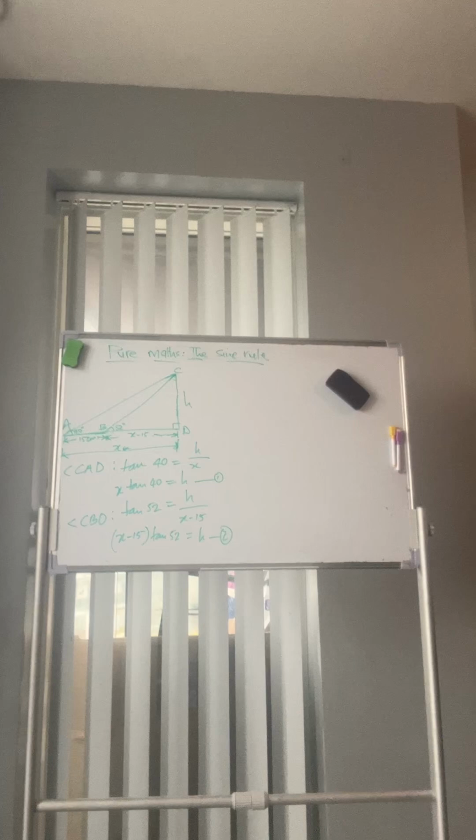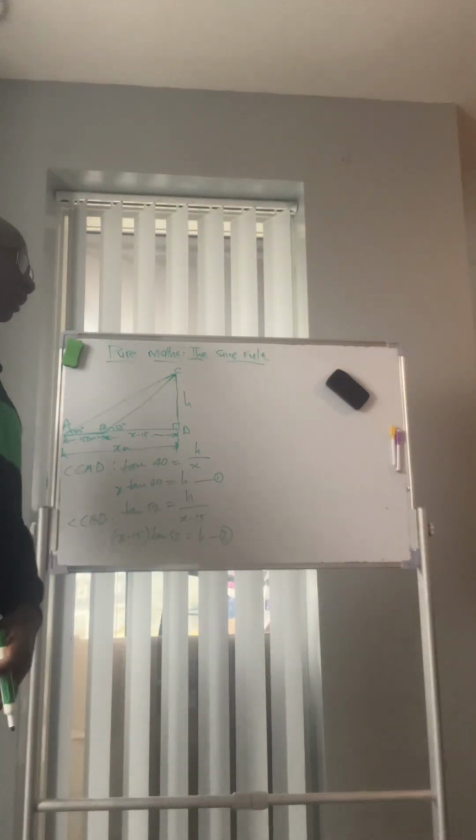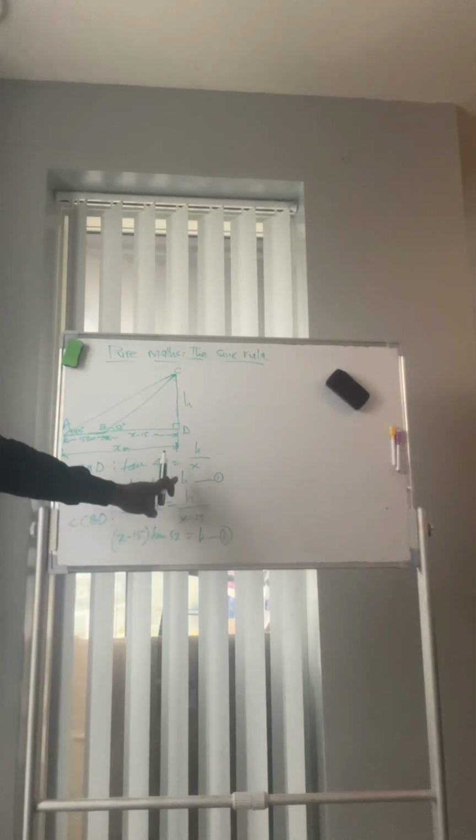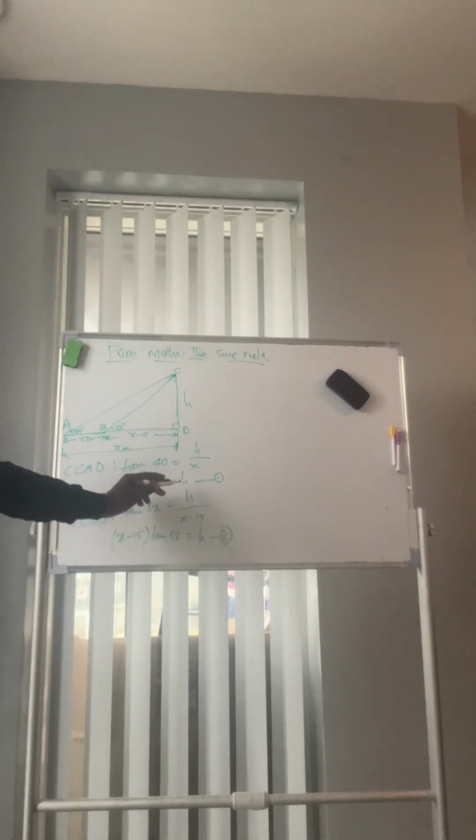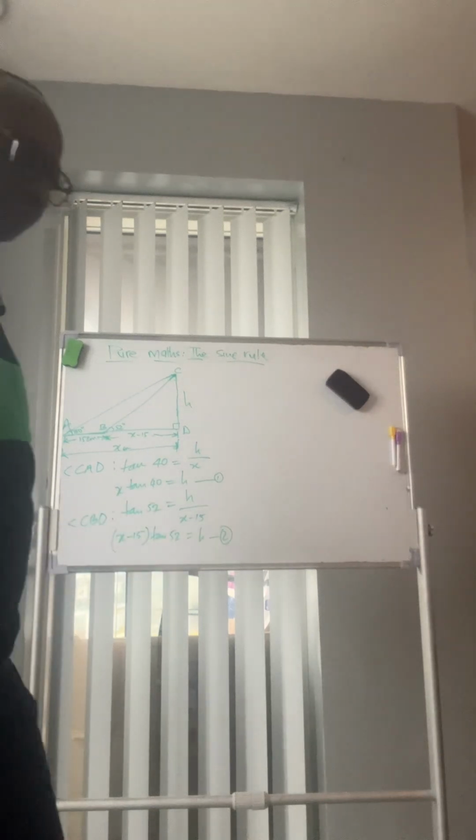So if we look at equations 1 and 2, you can see that both are equal to h. Equation 1 equals h, equation 2 equals h. According to logic, what is on the left-hand side of the two equations is then equal, because x times tan 40 equals h, x minus 15 times tan 52 equals h, and h equals h, which means x times tan 40 equals x minus 15 times tan 52.